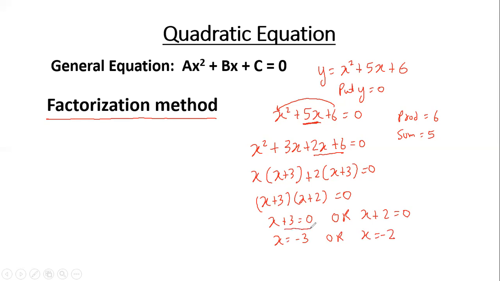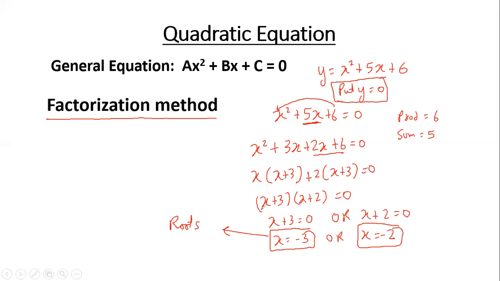Now what are these negative 3 and negative 2 called? You need to be aware of this. These are called the solutions, or you can call these the roots of the equation. And how do you figure out roots? If you put y is equal to 0 and you solve the equation, you'll get the roots of the equation. Now why are they called the roots?